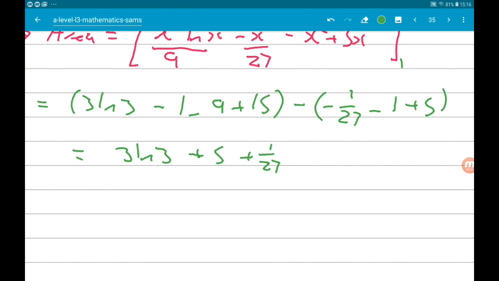Now, inside of that bracket, we have minus 1 add 5, so inside of the bracket, that's a plus 4, but we're subtracting on the outside of the bracket, so that's minus 4.